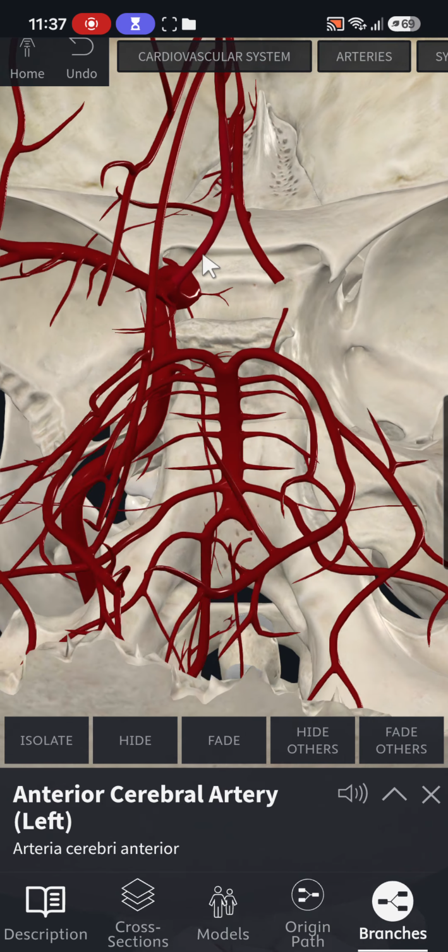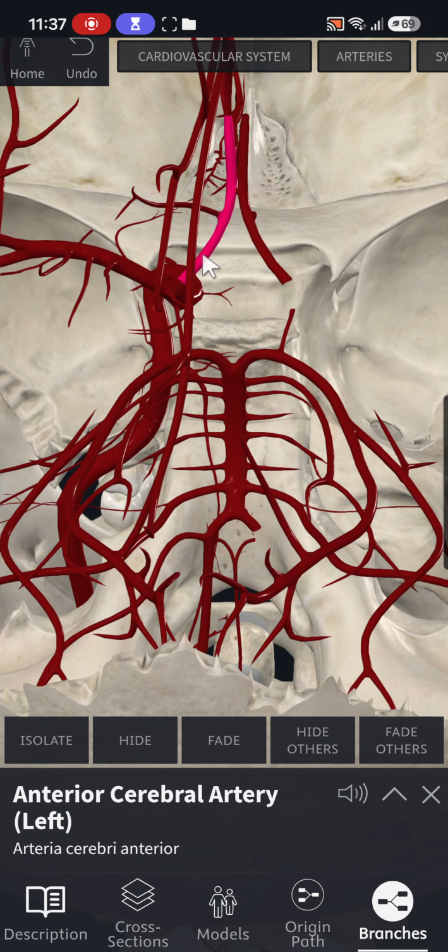Now, where is the communication between the anterior circulation of the brain and the posterior circulation of the brain? This is the posterior circulation of the brain, composed of the posterior cerebral and the basilar and the vertebral and the cerebellar arteries. And this is the anterior circulation of the brain, consisting of the anterior and middle cerebral. So the communication is here.